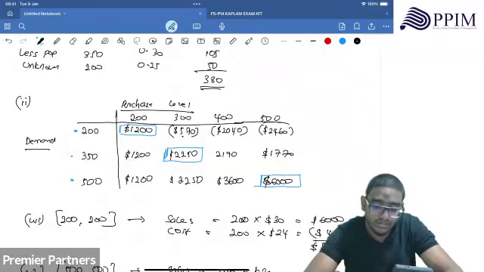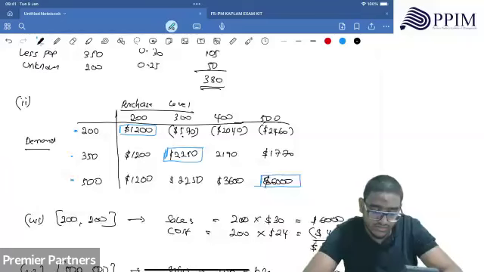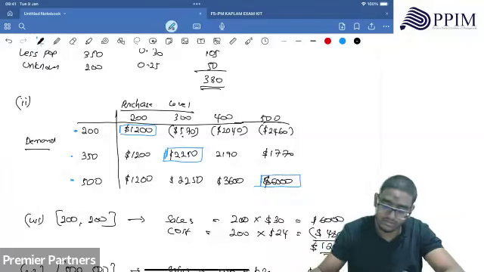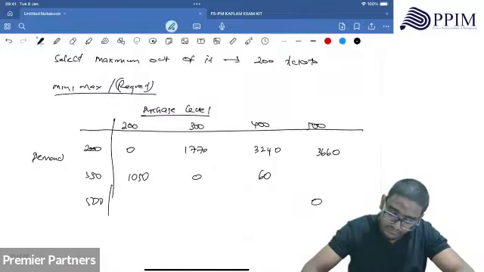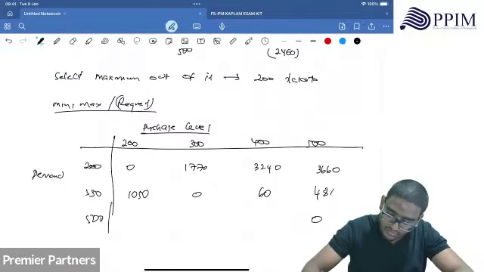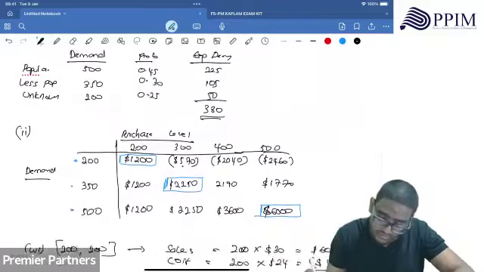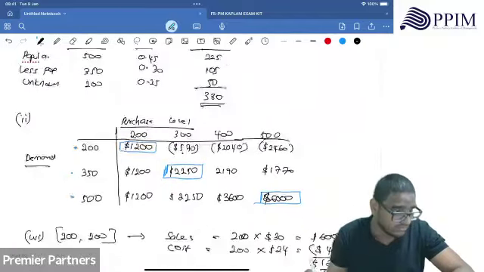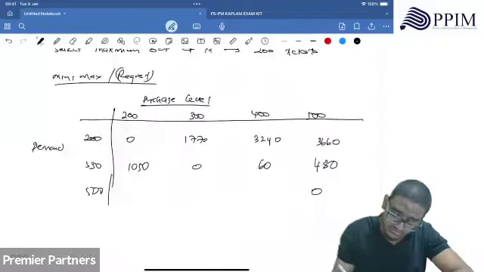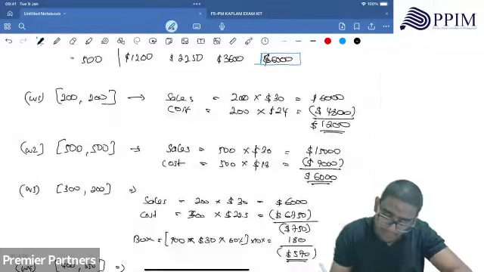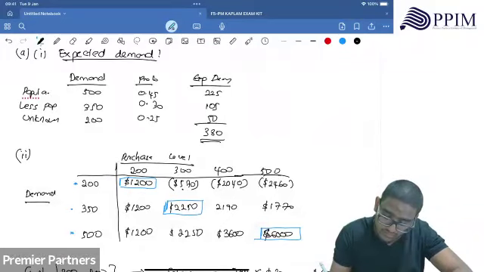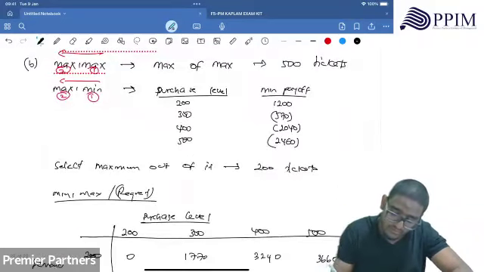So together, 1770 minus 2250, 450. Then 1200, 4800. Then 2250, 6350.